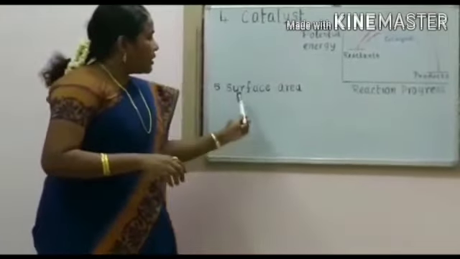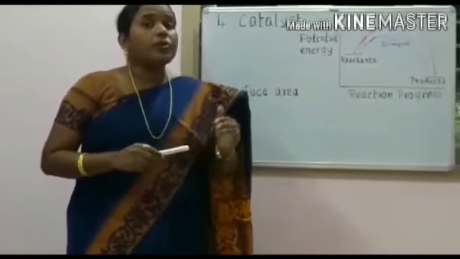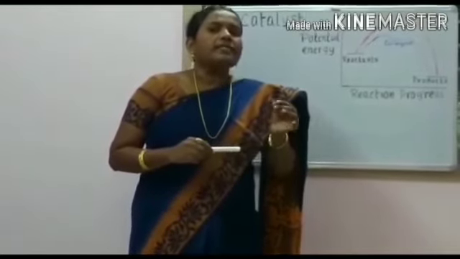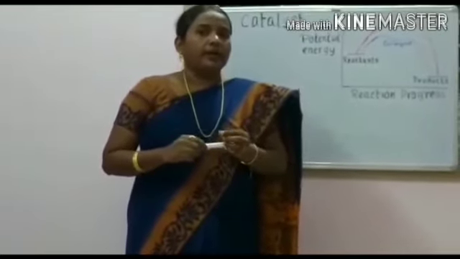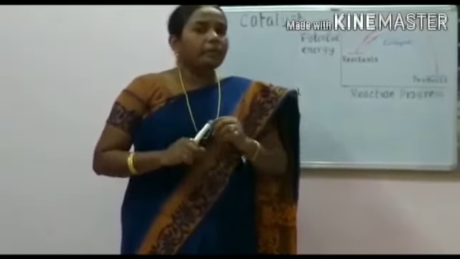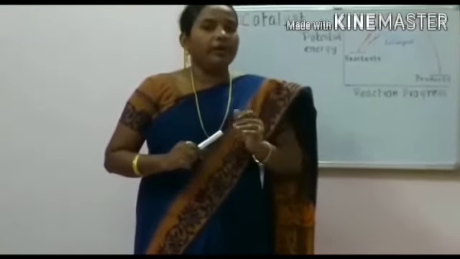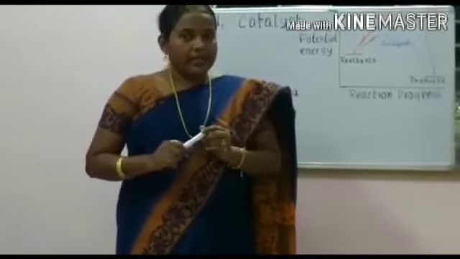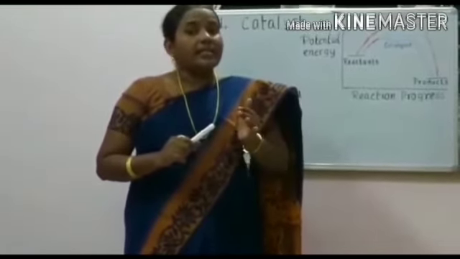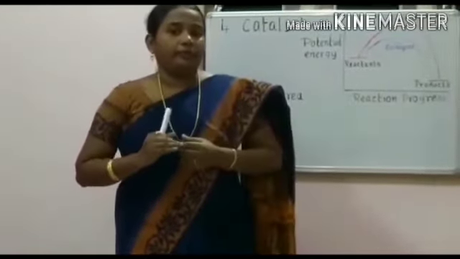Next factor is surface area. Surface area of the reactant also affects the rate of the reaction. Suppose we burn small chips of wood and then we burn a log of wood. Which will get burned faster? Definitely the small chips of wood get burned faster because the surface area of the smaller chips of wood is larger as compared to the surface area of the log of wood.